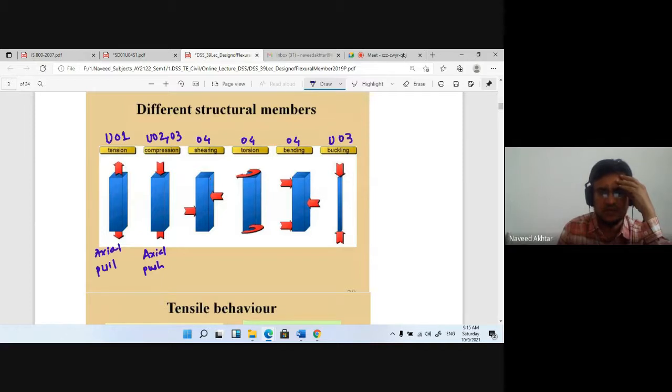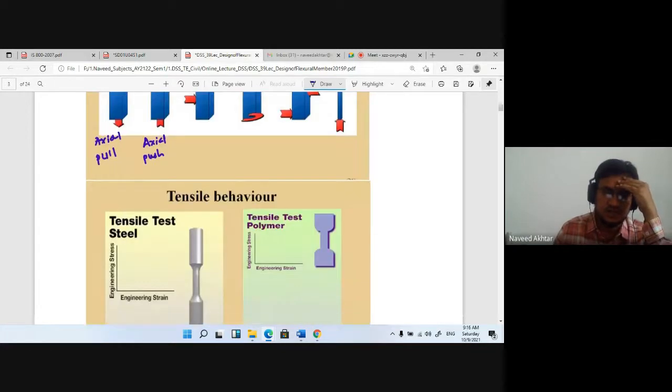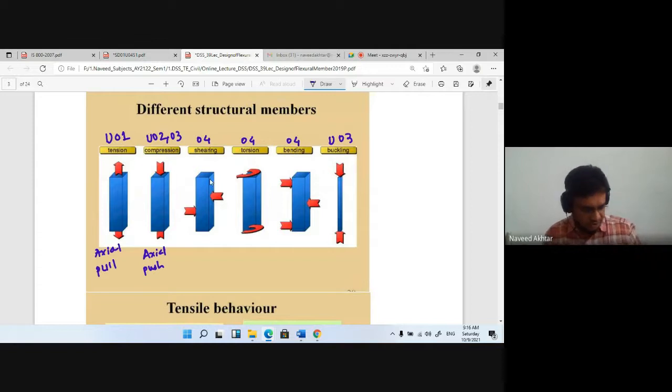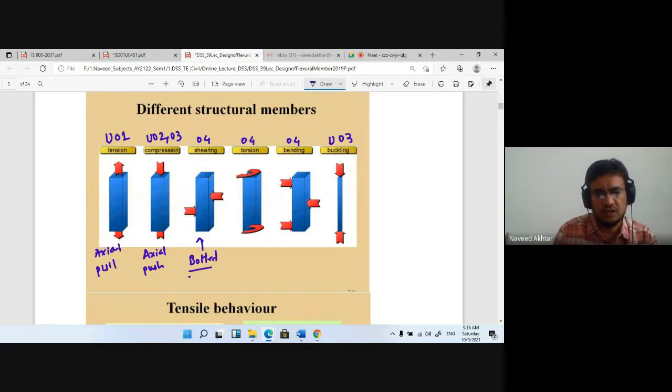You are seeing the buckling of the member when a cylinder section is there. So these are different behaviors of the structural member. In case of tension, what will happen? If shear is dominant, what will happen? And this we have designed in the bolted connection, that is shearing strength of bolt.